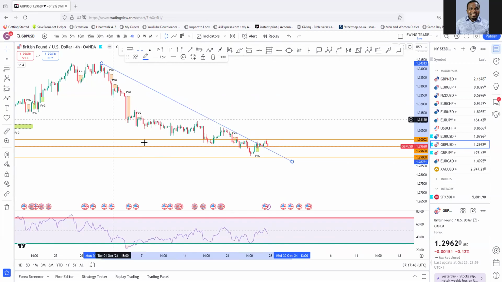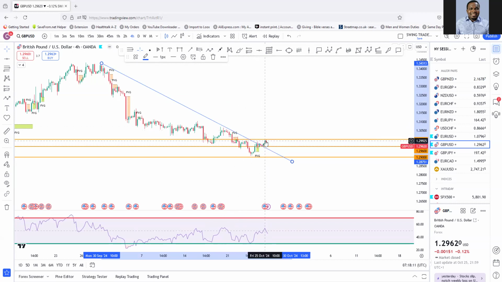Now, on this 4-hour downtrend, price is respecting lower high structures right now. So we have lower low, lower high, lower low.